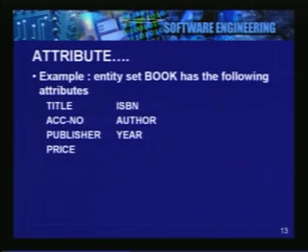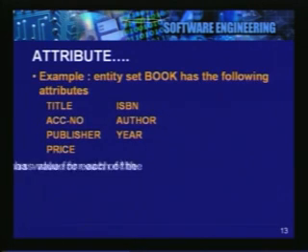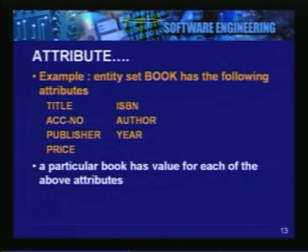Therefore, we have defined attributes for the book, for all the books in our library. So these attributes will apply to all the books. Naturally, as we said before, every book in the library would have a value for each of these attributes.